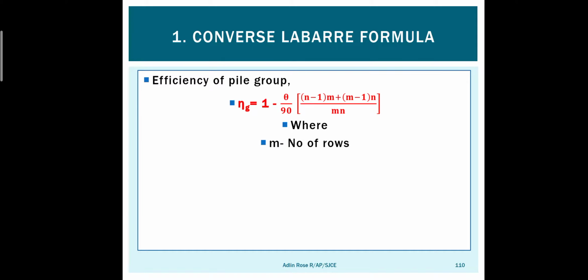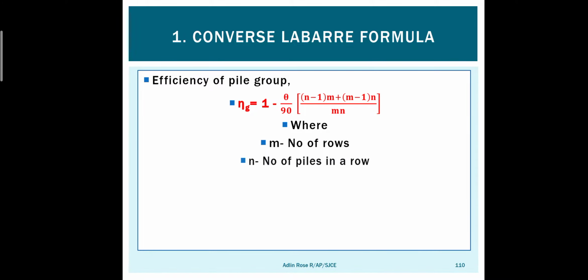So for 9 piles, the number of rows is going to be 3. If it is 4 piles in total, then the number of rows reduces to 2. So the number of rows given, that is m.